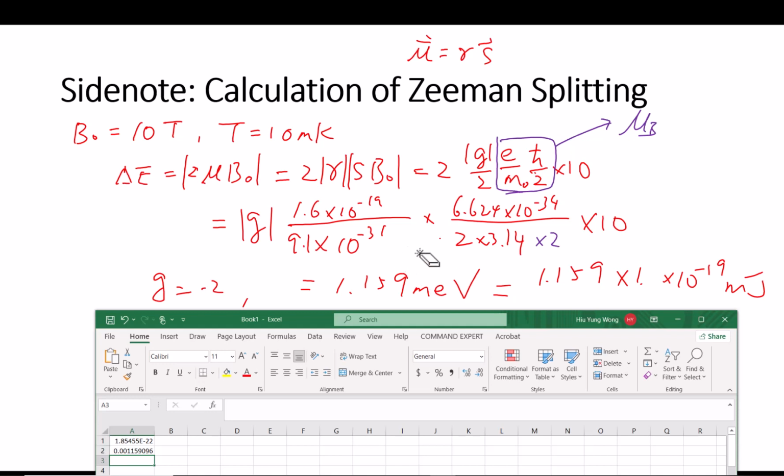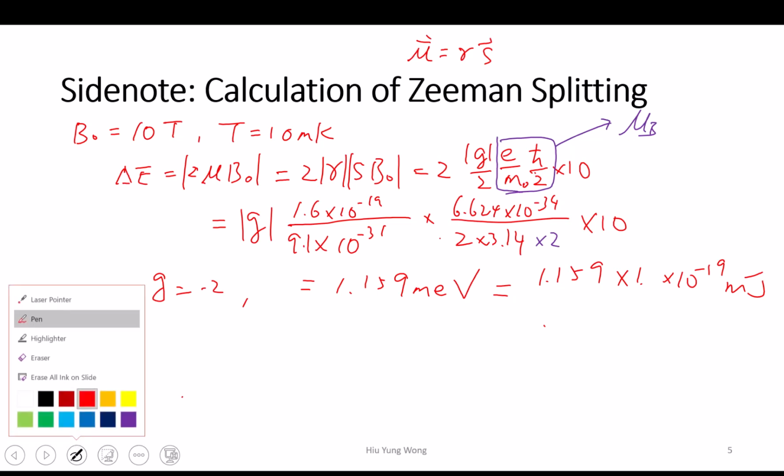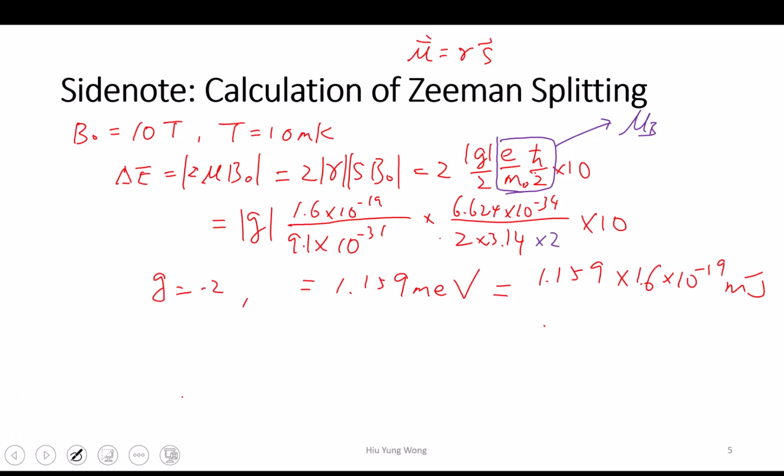Because all we are doing here is the so-called SI unit, right? You use kg, Coulomb, Tesla for all of this. So your SI unit should give you energy in joules. And then I just jumped a step. I should get the number on the right, and then I divide it by 1.6 times 10 to the power negative 19.